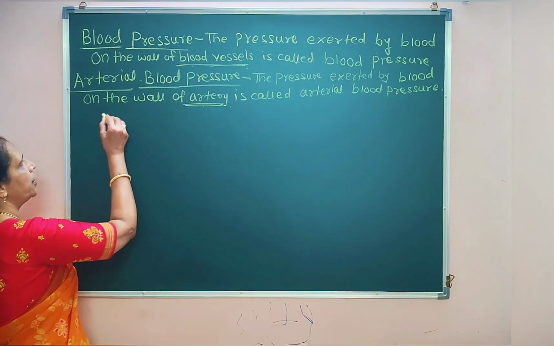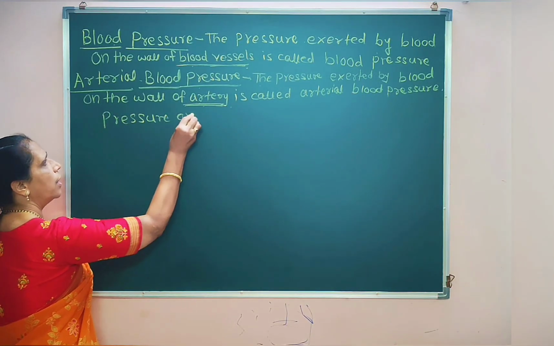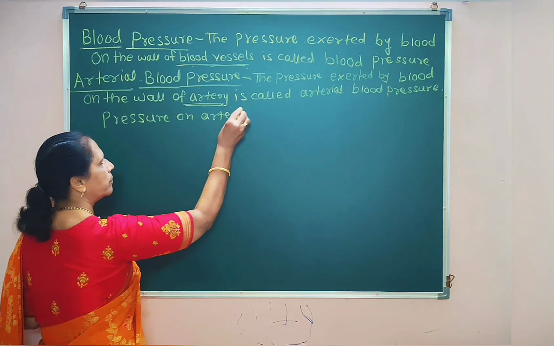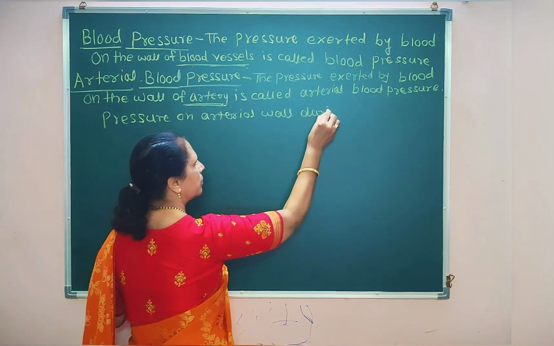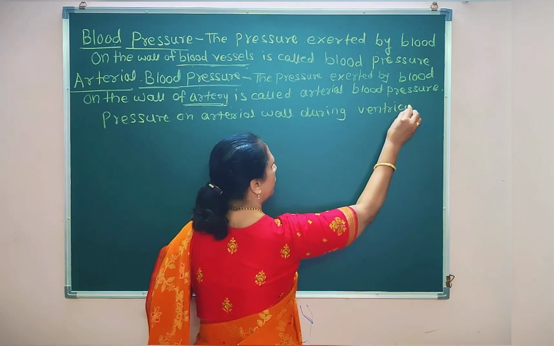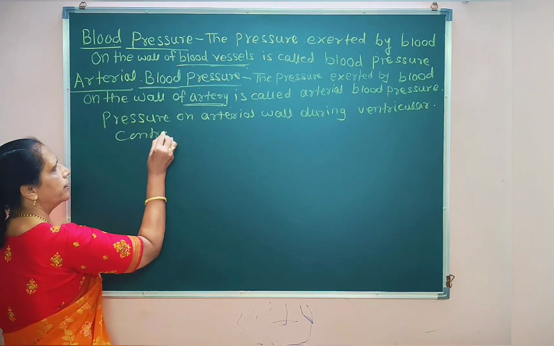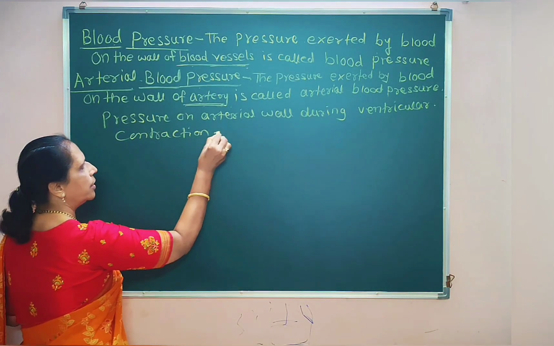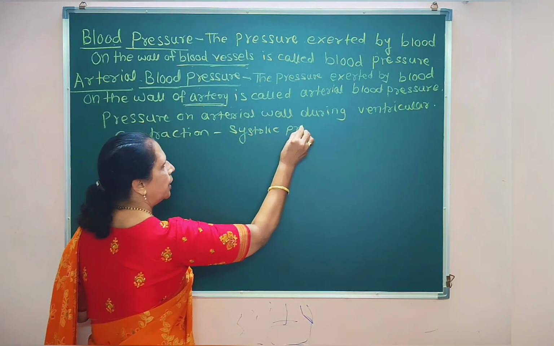Blood pressure is measured as the pressure on the arterial wall during ventricular contraction, which is called systolic pressure.